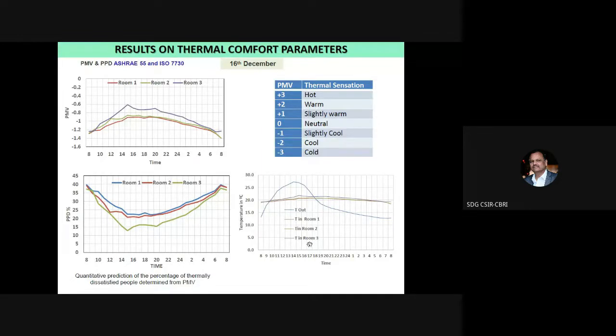If we see the performance of the PMV with respect to room 1, room 2, and room 3, this is the PMV for room 3, that is the upper floor.